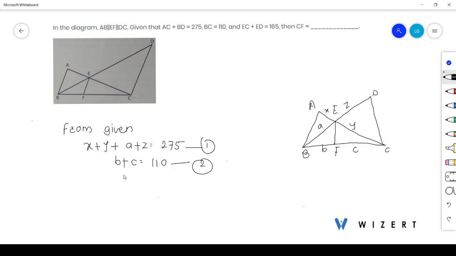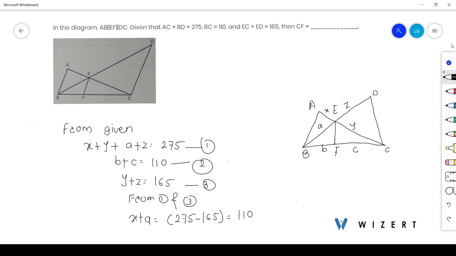And EC plus ED, that is Y plus Z equals 165. Suppose this is 3rd. Now from 1 and 3, X plus A will be 275 minus 165, which is 110.